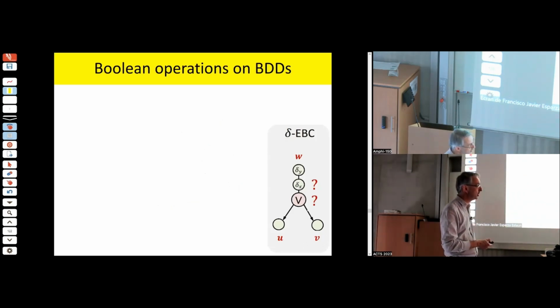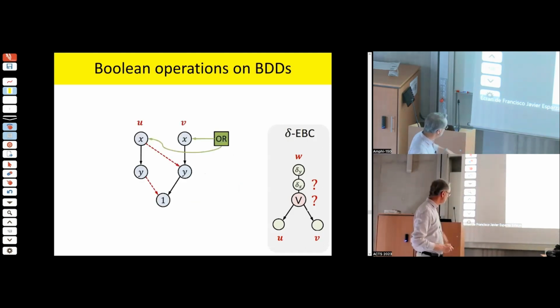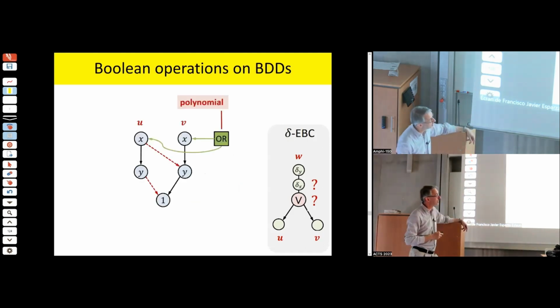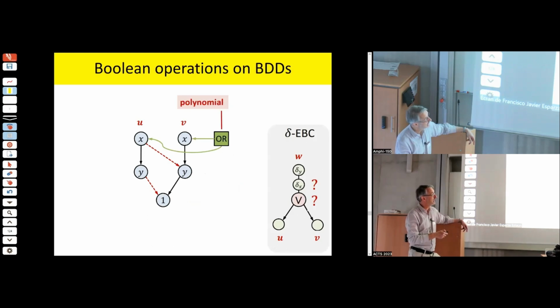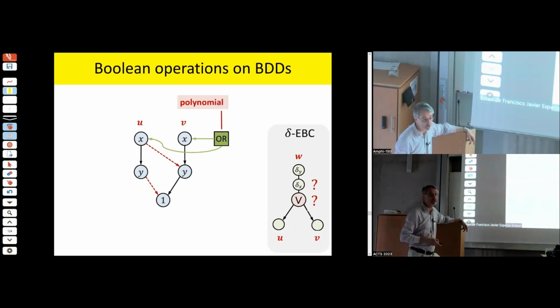Good, so now go back. Which are the polynomials for these two intermediate nodes? So what we show is the following. Let's assign also a polynomial to that node, in the same way. We take the polynomials for these two nodes, for U and V, and then we apply the corresponding operation for OR, and this gives us a polynomial.